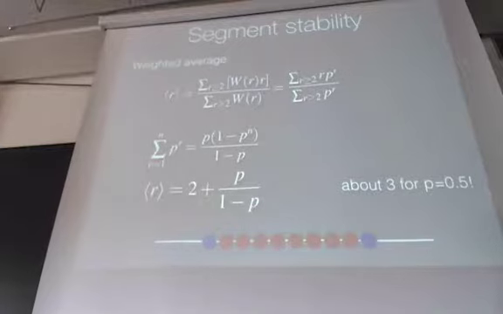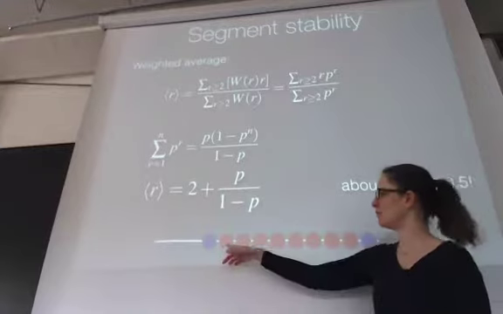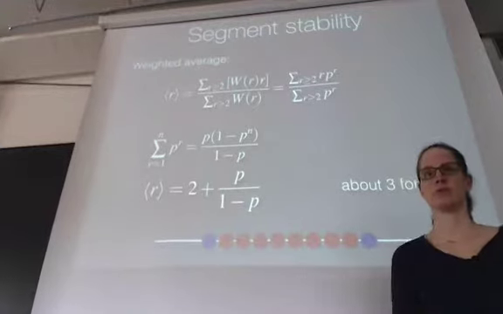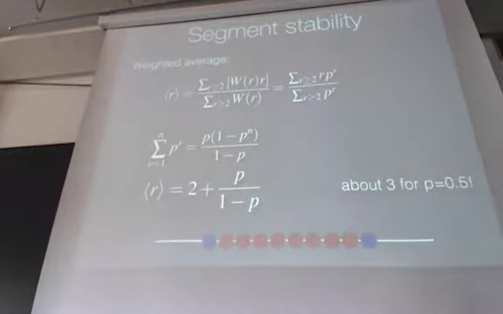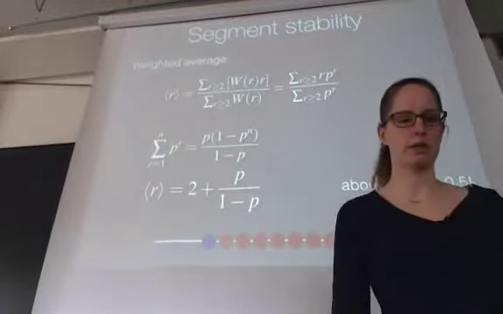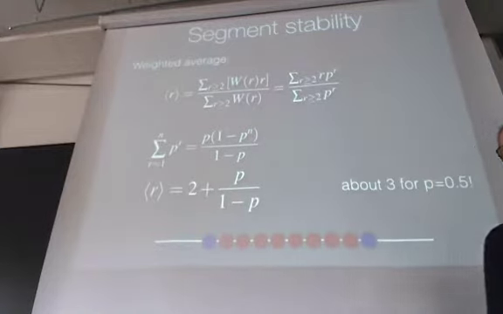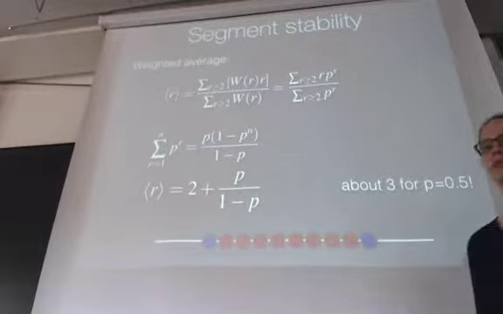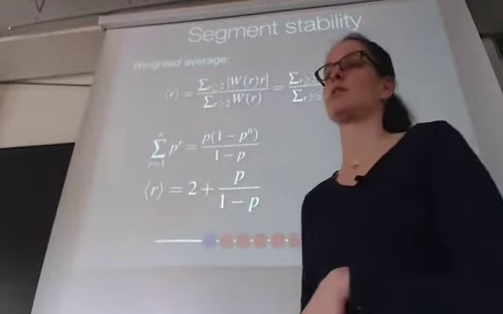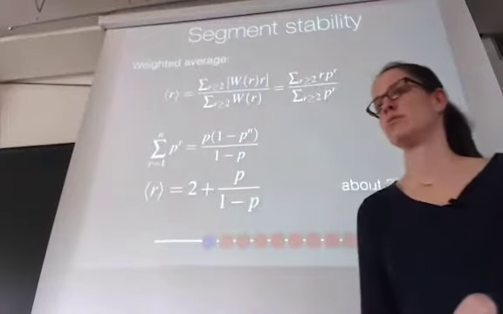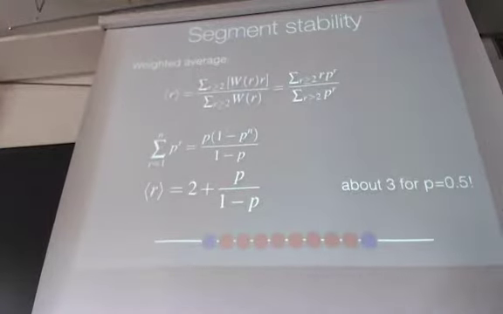So this means that on average, what will happen is you will have blue, red, red, red, blue, just because of the way the probabilities are set up. So does that sound familiar? Three residues involved in a secondary structure? No? 3 is too short. It doesn't even form an alpha helix.